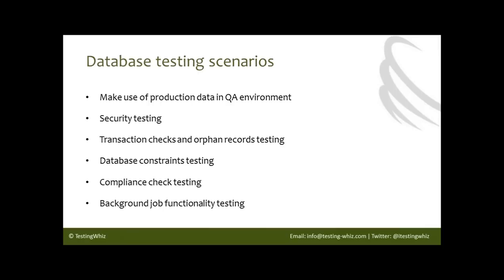One more is transaction level checks and orphan record testing. Say, for example, there is a wizard with three to four steps, or a complicated UI with a couple of tabs. Say you are working on a pharma domain application, and there is information related to the patient, his history, and the insurance that he has.